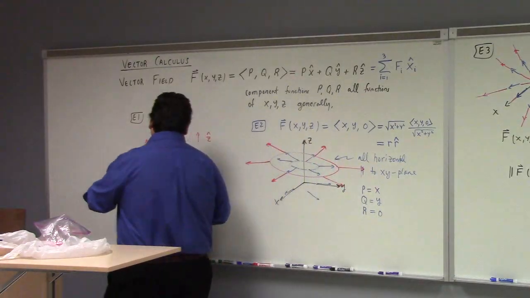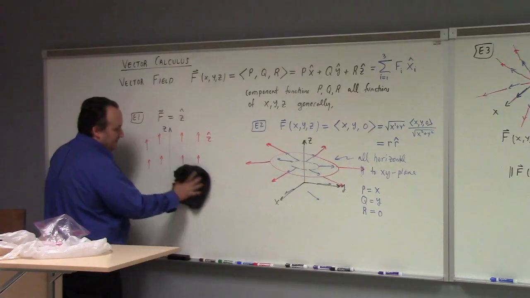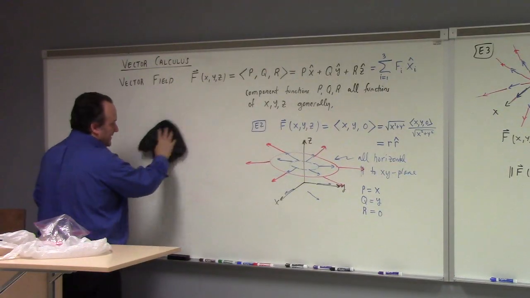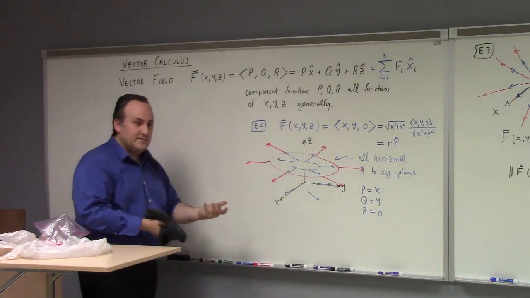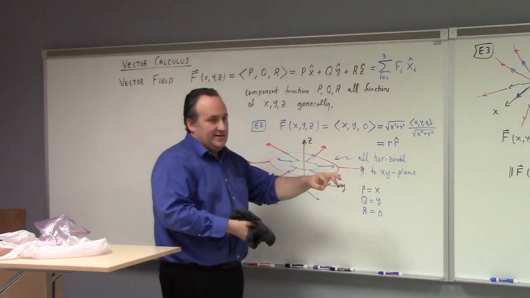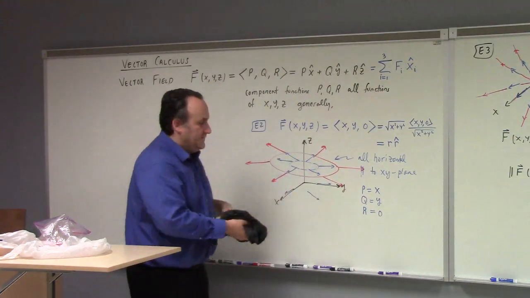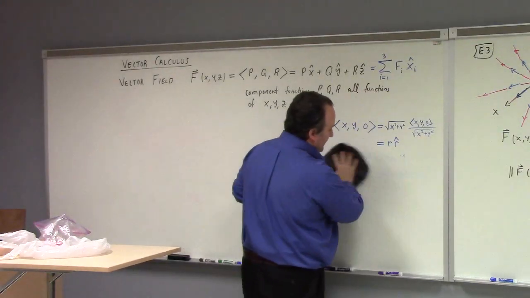You could study the velocity field of the water molecules. That would define a vector field, and the integral curves would literally be flow lines. If you dropped a little bit of dye into the river, you would watch where the dye traced out. That would trace out the integral curve, which would be the flow line of the velocity field. That's sometimes a useful bit of intuition.